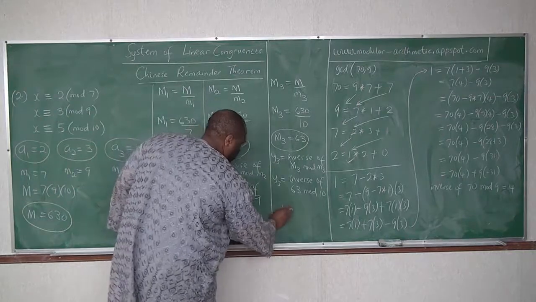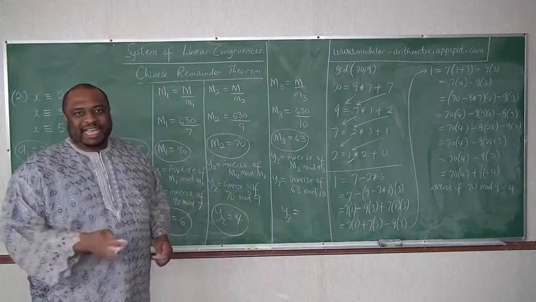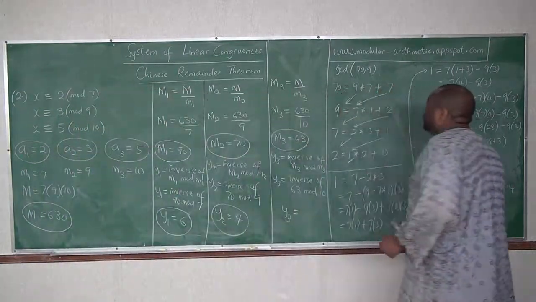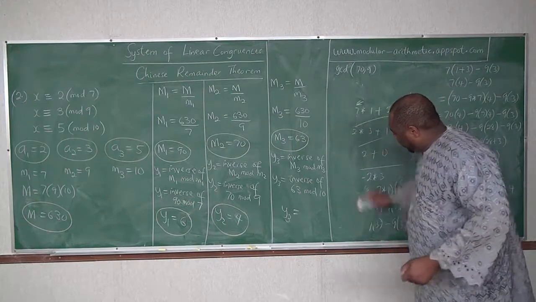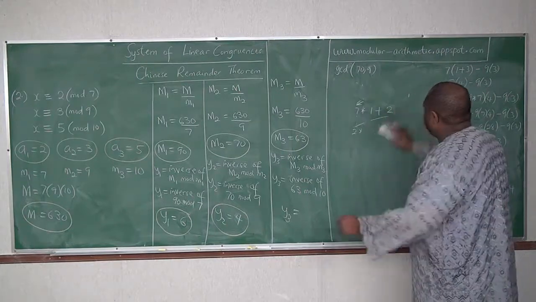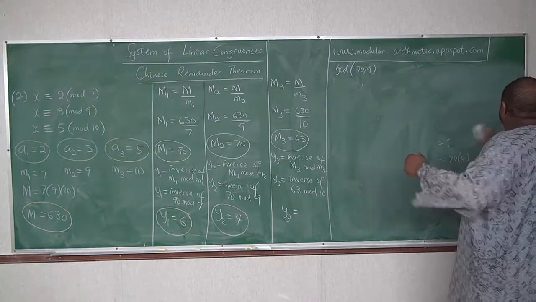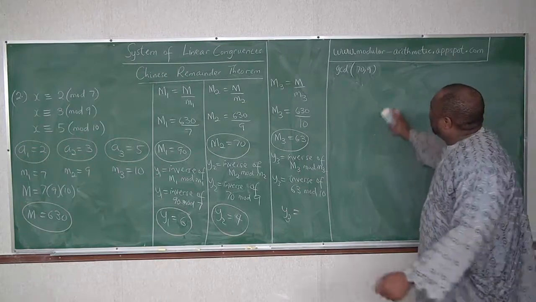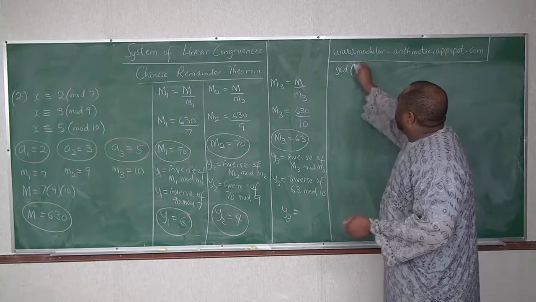So y3 will be what? The inverse of 63 mod 10. Alright, let us do it. GCD of 63 and 10, of course, will give us 1.